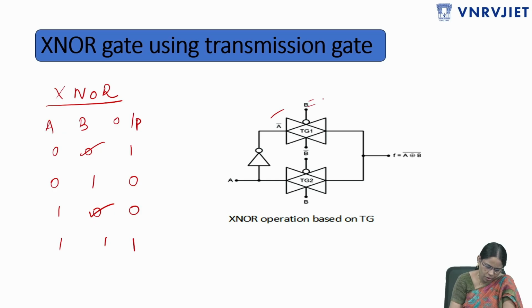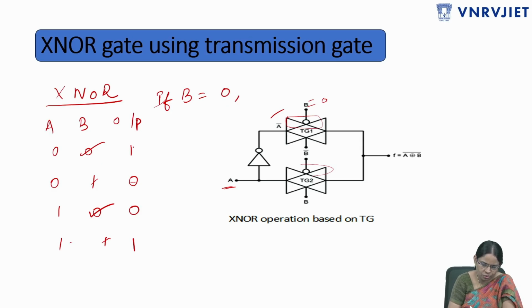If B equals 0, this PMOS is on. That is the reason the output is A dash. And if B equals 1, the output is similar to A. That is the reason if B equals 1, here represented as B dash, this PMOS is on for B dash and the output is A. So I'll write here the control levels or control signals.